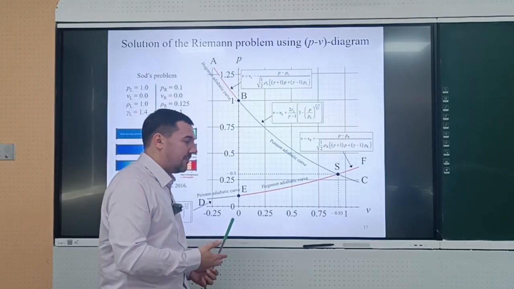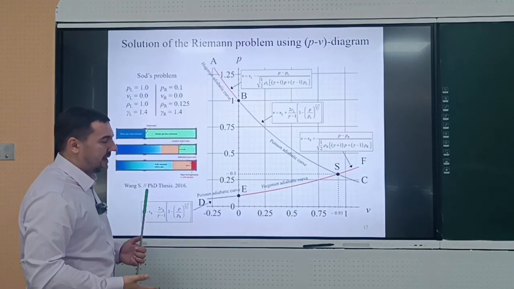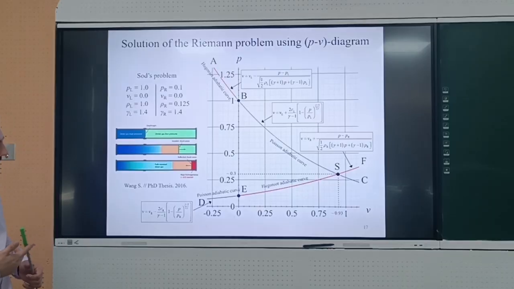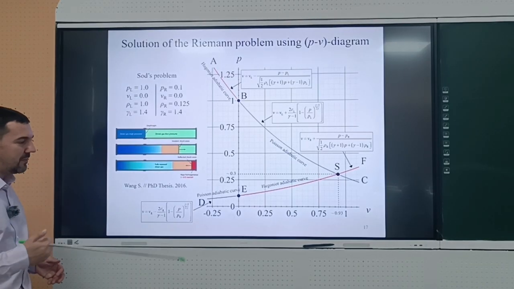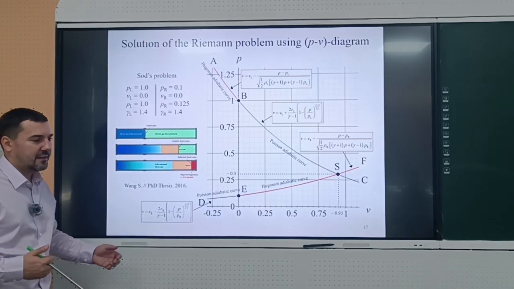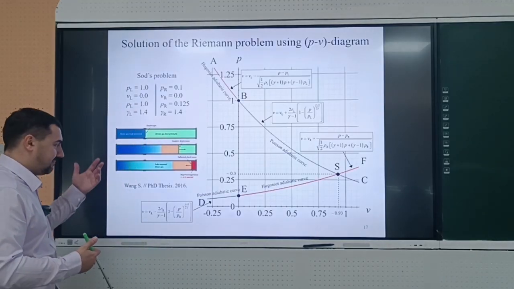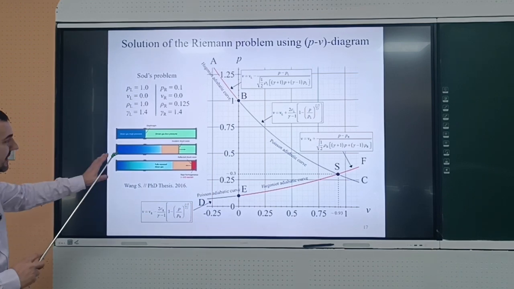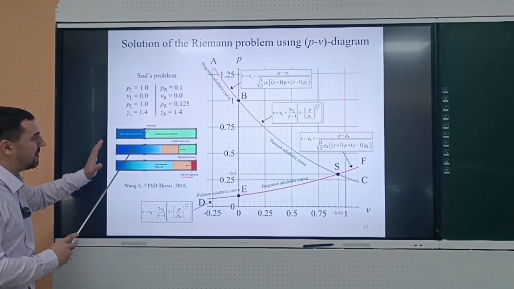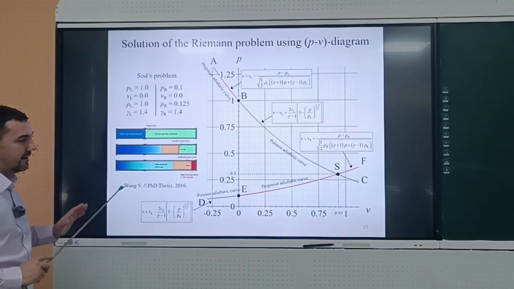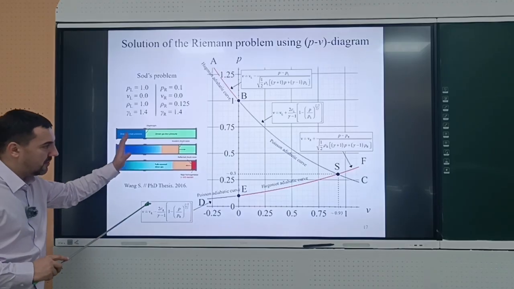You can consider the same problem on different levels and use different mathematical models: in 1D, 2D, 3D, using Euler equations, Navier-Stokes equations, and so on. But now we consider it just as an example of a Riemann problem in 1D for the Euler equations.